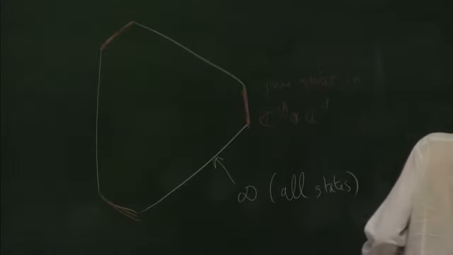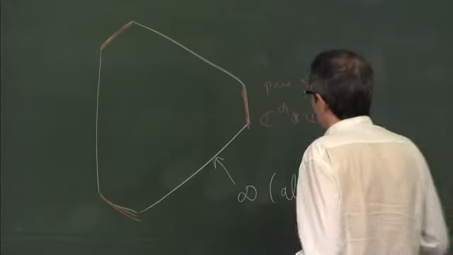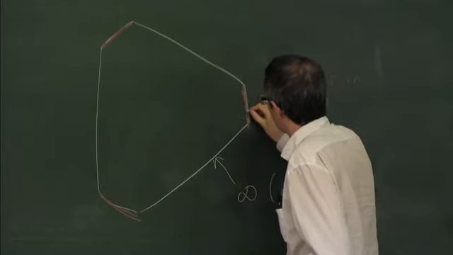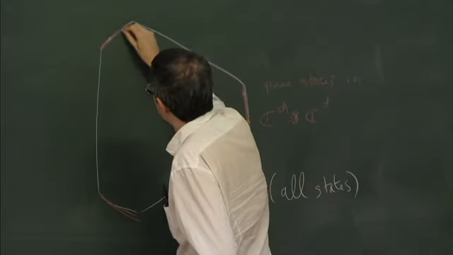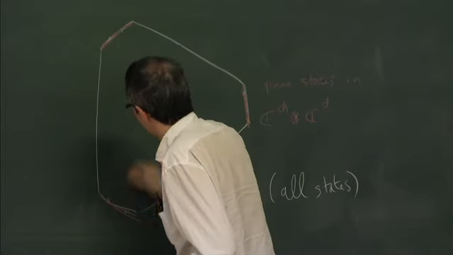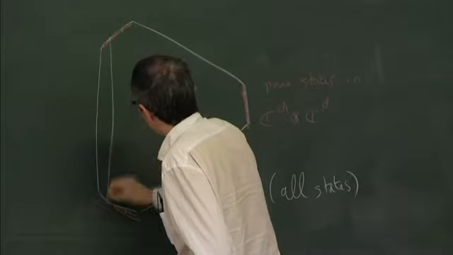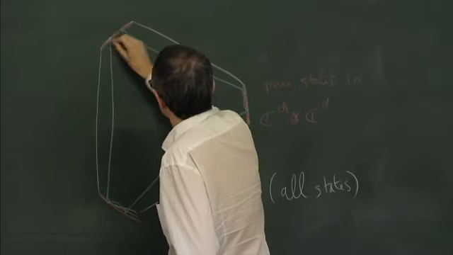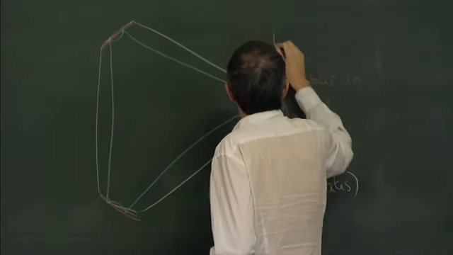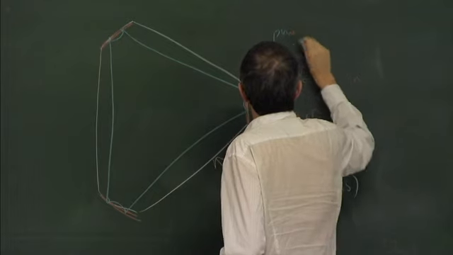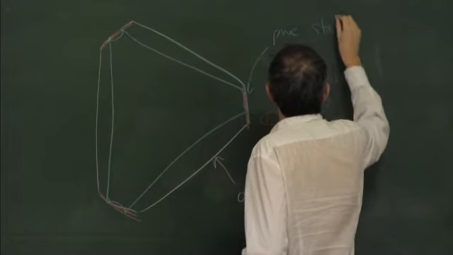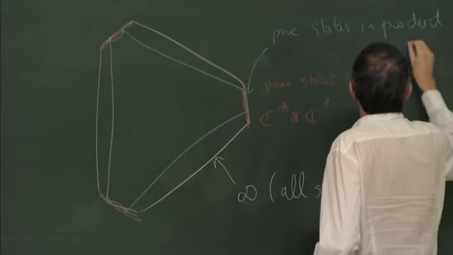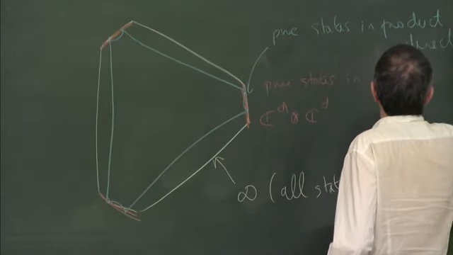Now, if I look only at a subvariety which corresponds to product vectors, it's something which is of lower dimension. If I take the convex hull, I obtain the set of separable states.